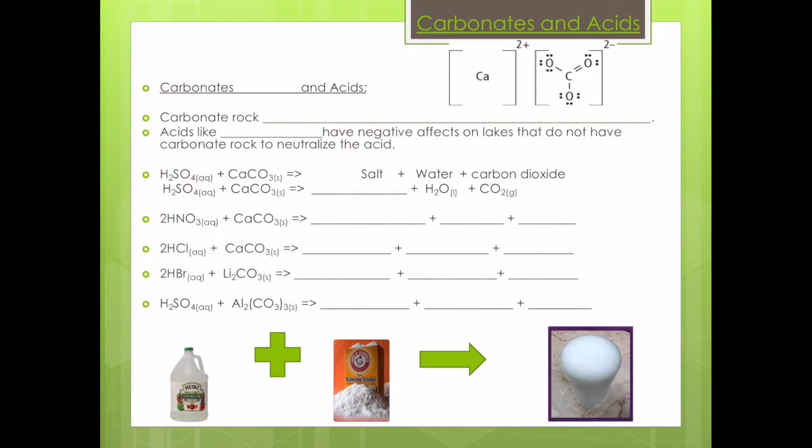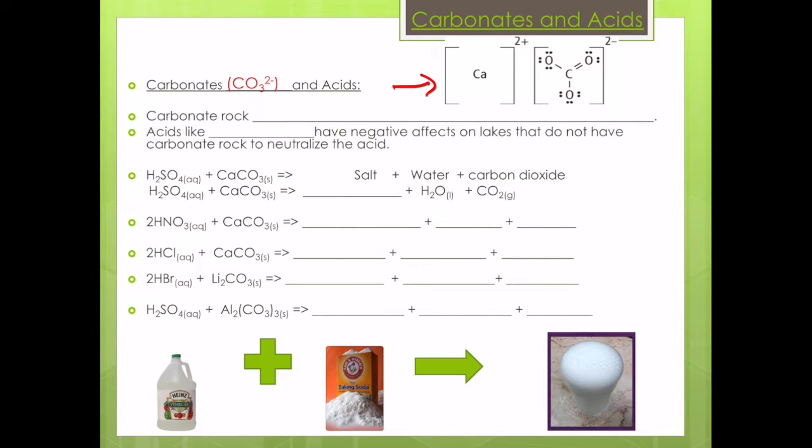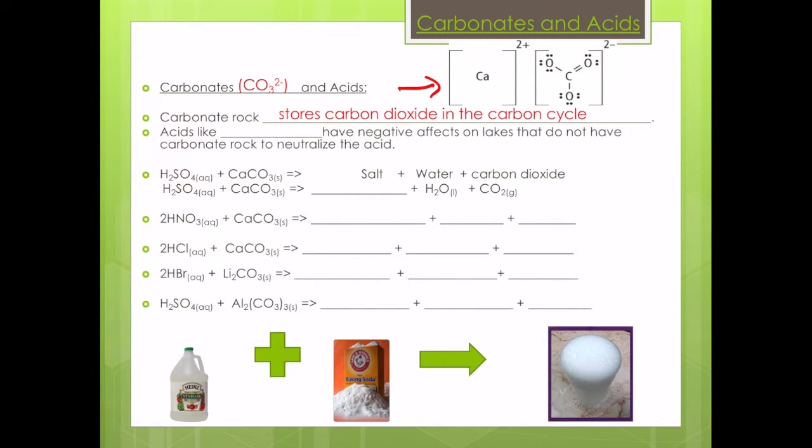Who knows? Carbonates, when they come with acids, they neutralize. So here's calcium carbonate being written over here. That's what it actually looks like. So carbonate rock is, if you sort of look at carbonate, you think, well, it's pretty close to CO2. And you say, well, okay, if carbonates come in contact with acids, let's say we'll pick sulfuric acid, right?